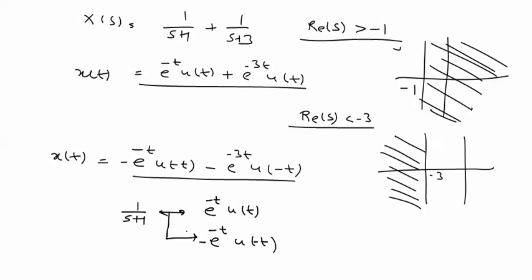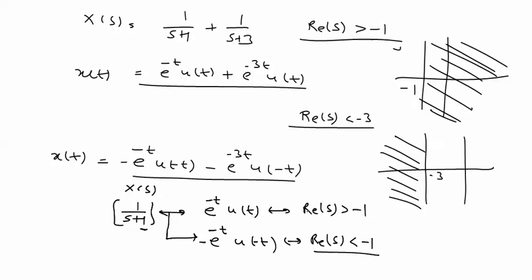It depends on ROC where this X(s) exists. In the first case ROC is the outer area, greater than this pole. In the second case ROC is less than this pole, the left half of the plane.